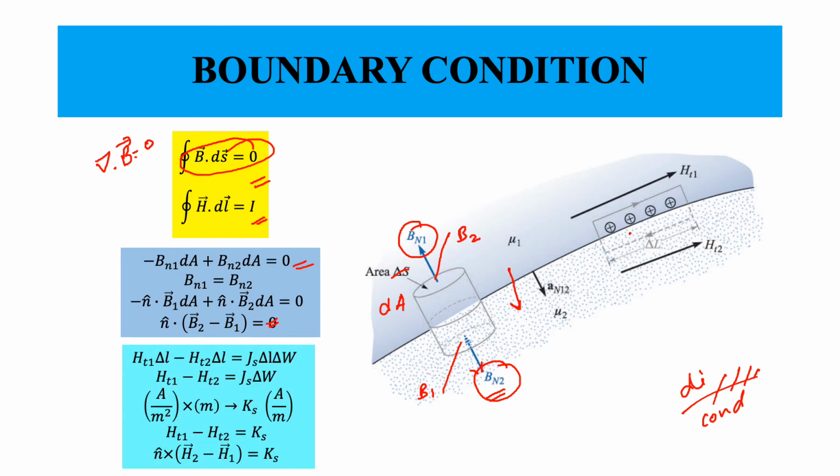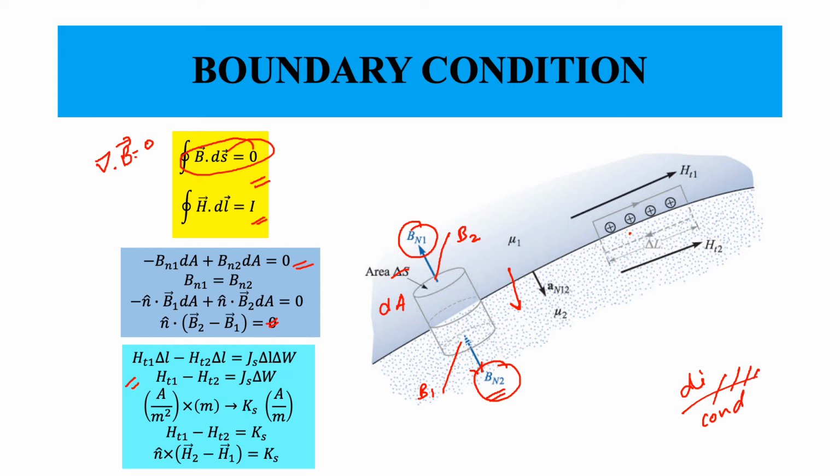Now applying Ampere law, inside the first medium, write down the tangential component of H as HT1 along some length, and this is the tangential component of H in medium 2 along some length.